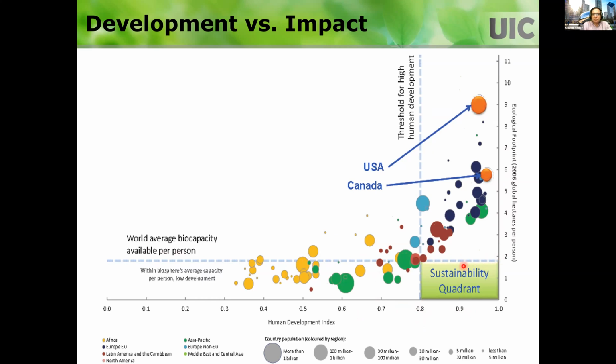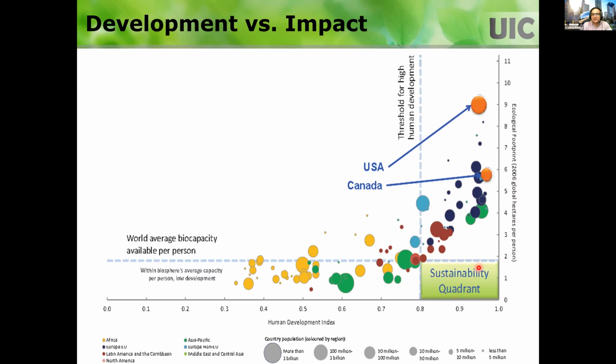So ideally, you want to be a developed country, but you want to be within the biocapacity of the planet. That means you want to be in this quadrant. This is called the sustainability quadrant.